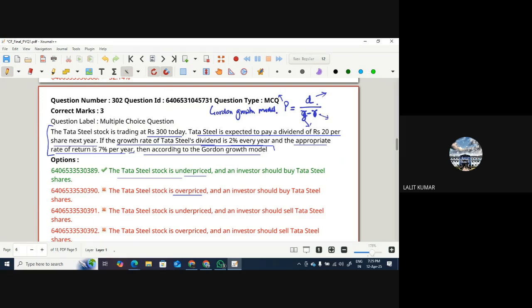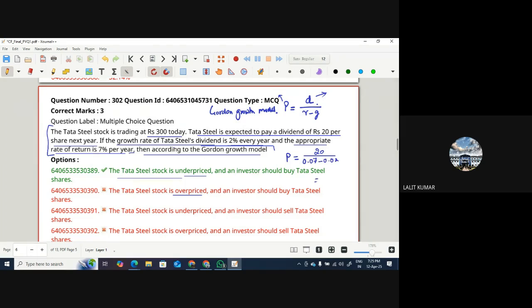So see, if we put everything here, P is equal to D, which is 20, divided by R minus G. R is the appropriate rate of return, 7%, so this becomes 0.07, minus 0.02.